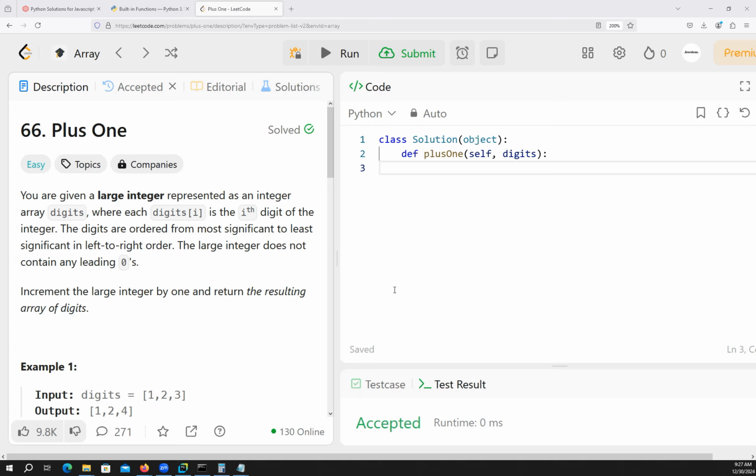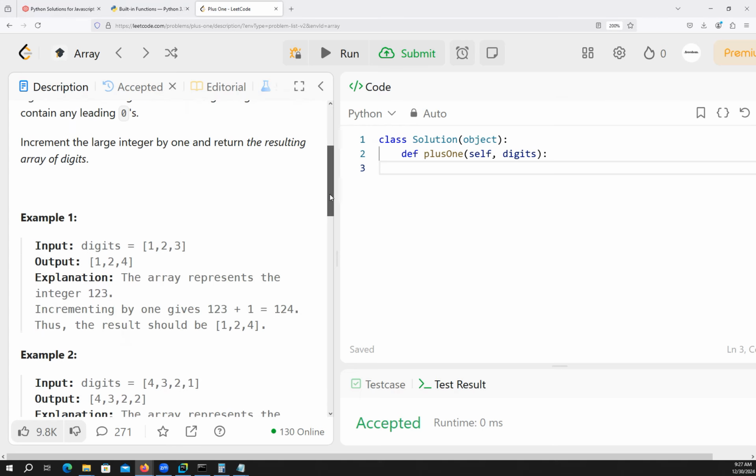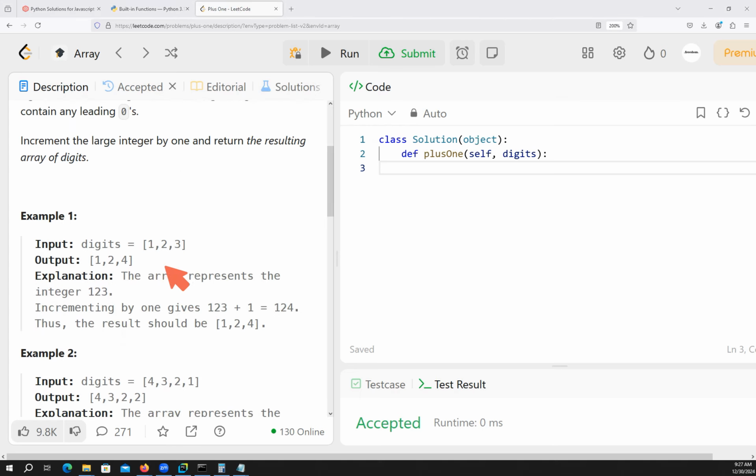Looking at the example down here, see the list is digits equals 1, 2, 3, and then the output is 1, 2, 4. So we have a multi-digit number 1, 2, 3 in list form, and we're going to increment that and then return it in list form as 1, 2, 4, as you see here.